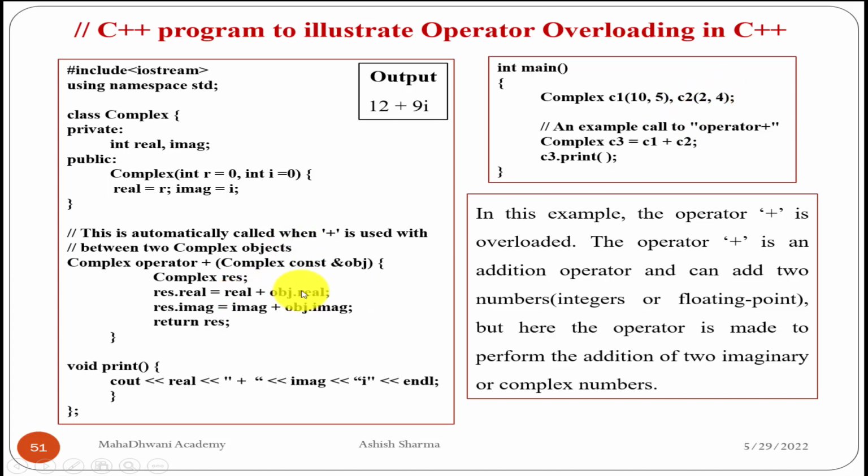So here 10 plus 2 will be added to each other, and the value to be assigned to the result real part becomes 12. So we will have the 12 here.